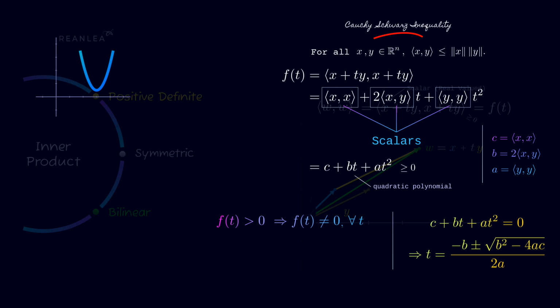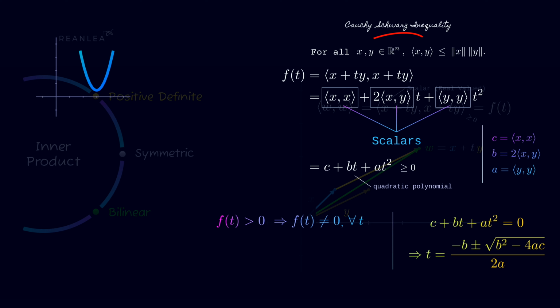Also, you can realize that the nature of the roots is determined by the discriminant of the polynomial, which is b squared minus 4ac here. And the roots of the polynomial are related to the discriminant by this equation: t equals minus b plus or minus the square root of b squared minus 4ac, over 2a.